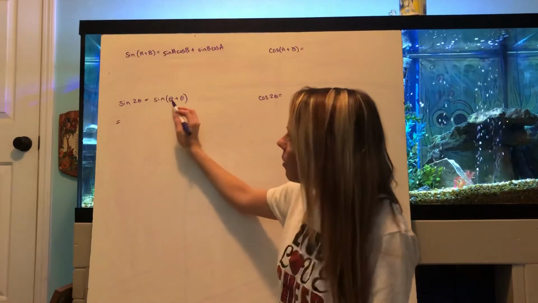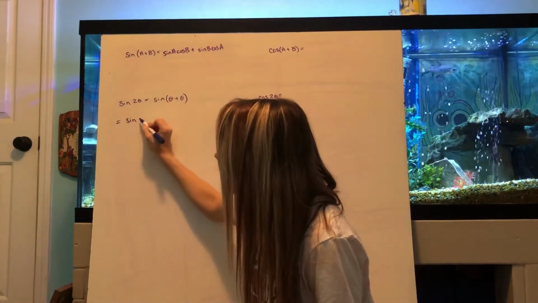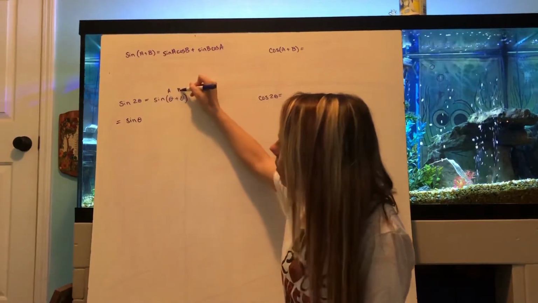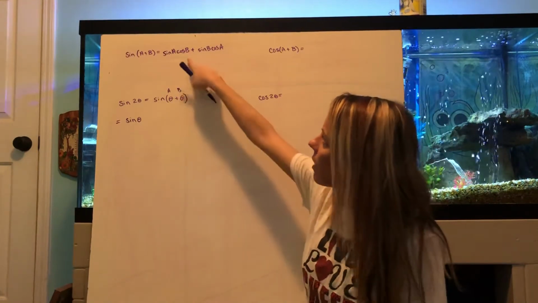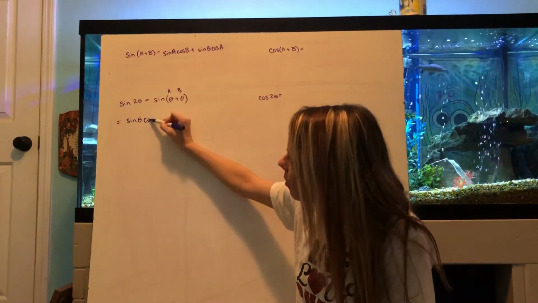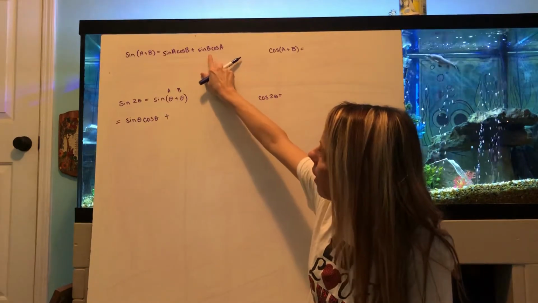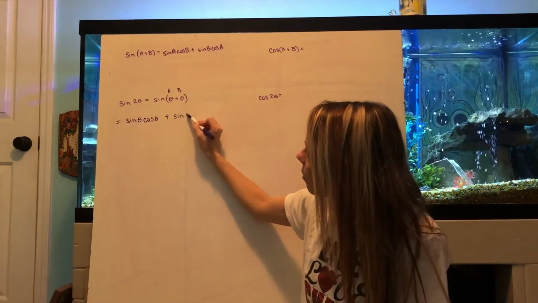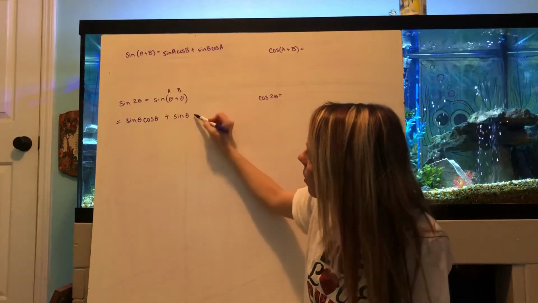So we have sine theta plus theta, so that's sine theta. If this is A and B, I'm kind of labeling that so you can follow this formula. And then I'd have cosine theta plus, here I'd have sine theta, and then cosine theta.